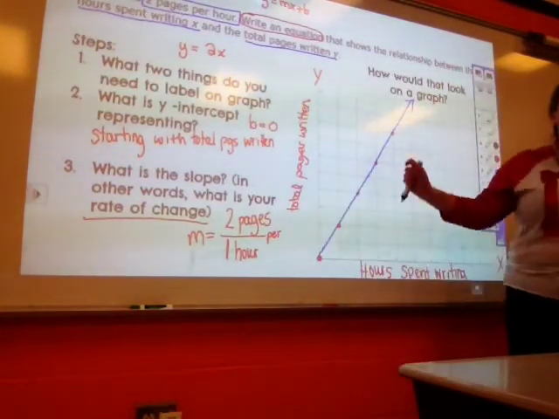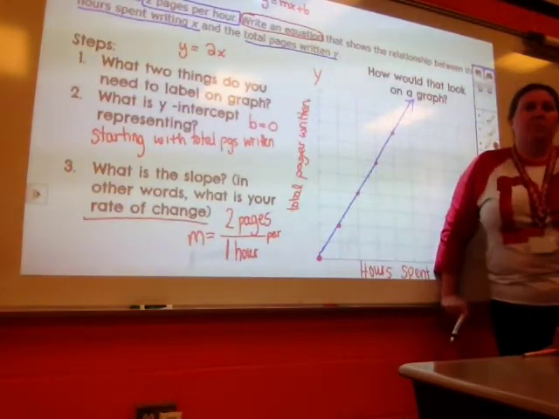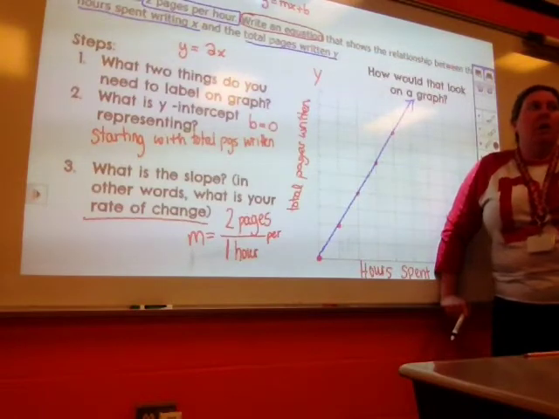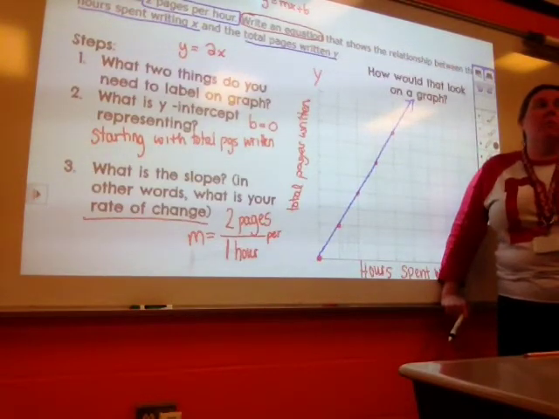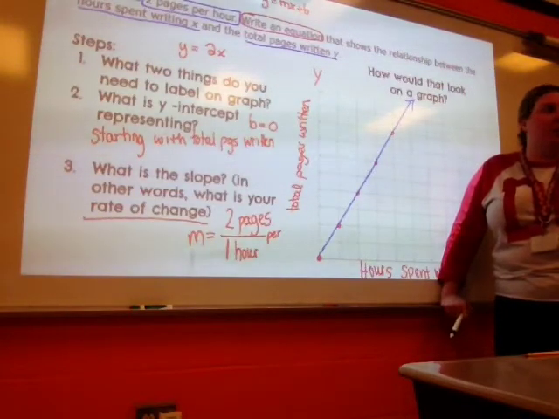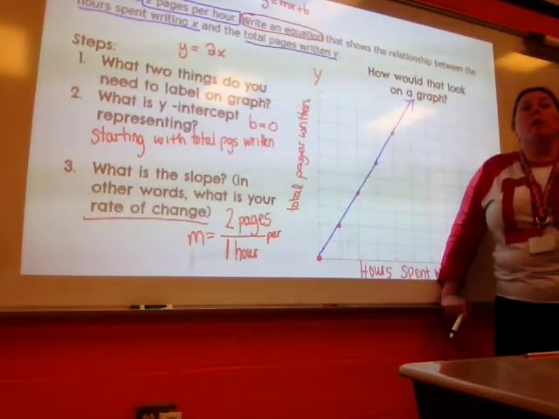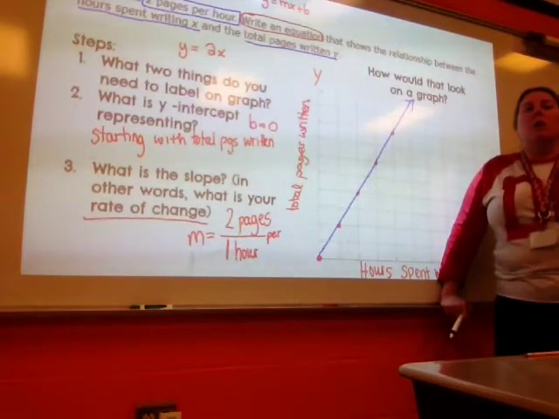What does my slope mean? But what does that mean in terms of my total pages written? It will write 2 pages every 1 hour.